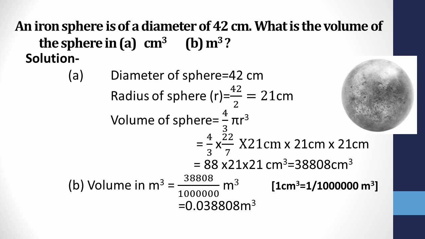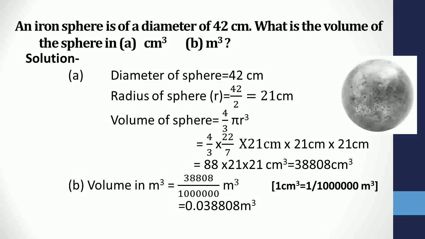The diameter of the sphere is given as 42 centimeter. So by the diameter we can find the value of the radius, and it will be half of the diameter. Clear? So 42 upon 2 and the radius will be 21 centimeter. Clear? So now we will put the value of the radius in the formula of volume of sphere, and the formula of volume of the sphere is 4 upon 3 pi r cube. So 4 upon 3 will be as it is.